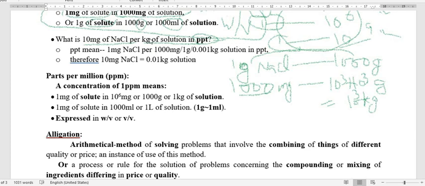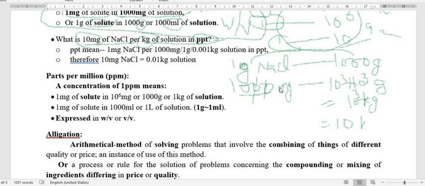So here the question is in kg, so we have to convert, and here the milligram is 10. So you have to remove 2 zeros, so this becomes 10.